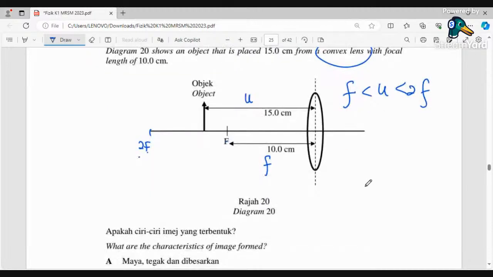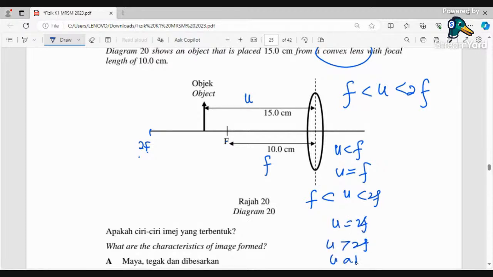Okay, so what are characteristic of image form? If you can memorize, you can just memorize. You can also use lens equation to calculate if you want, but don't waste time. U less than F, U equals to F, U between F and 2F, U equals to 2F, U more than 2F, U at infinity.